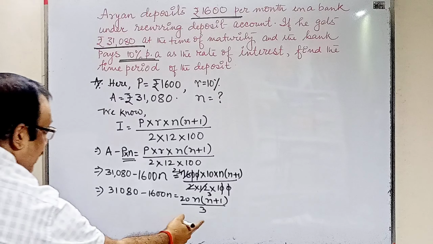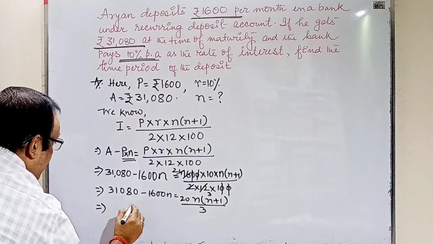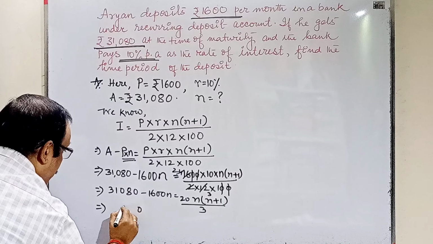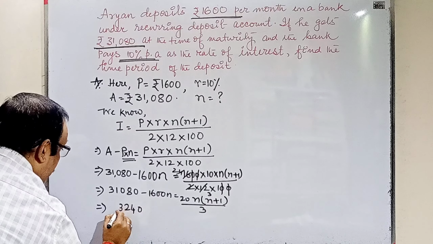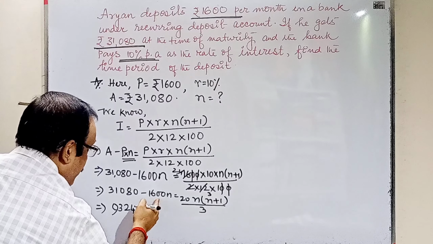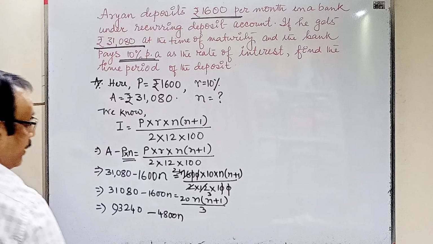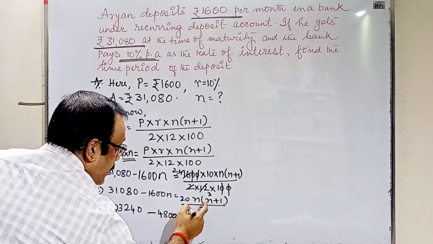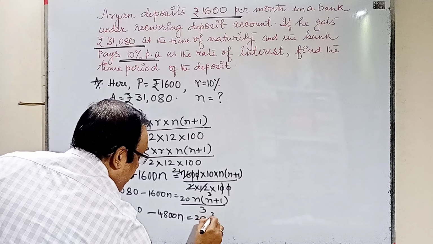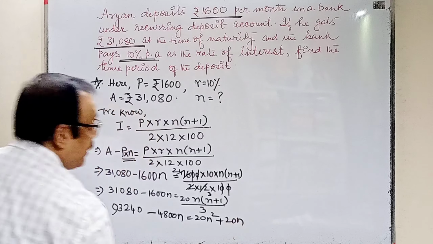If you cross multiply now, this into 3, this will become 93,240 minus this into this will become 4800 N is equal to 20N into N, 20N square, 20N into this plus 20N.